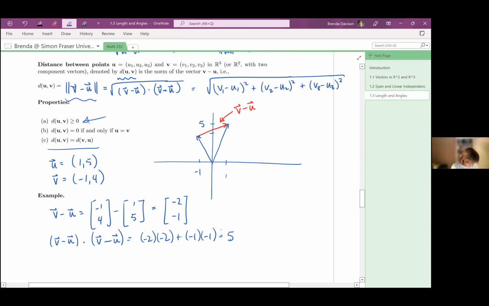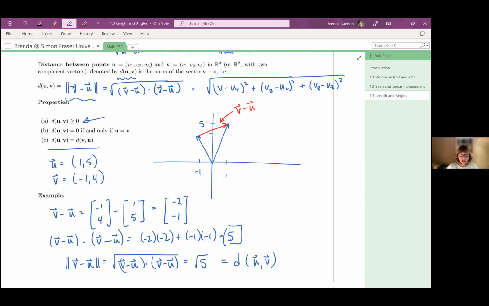So the norm, the length of v minus u, is equal to the square root of that dot product I just calculated, v minus u dot v minus u, and that is equal to 5 from above. So that is the square root of 5, and that is the distance between u and v. There we go. Okay, so we have a way using the dot product to calculate the distance between two vectors.